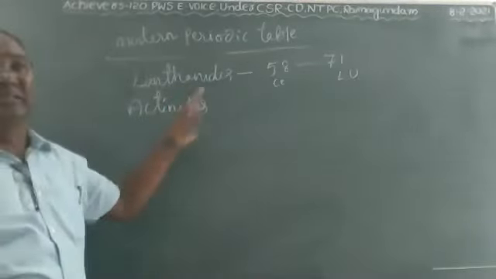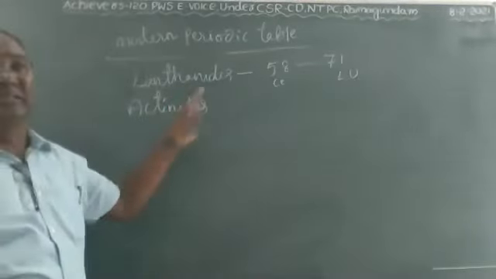According to electron configuration, elements are classified into 4 types, children: S block elements, P block elements, D block elements, and F block elements.